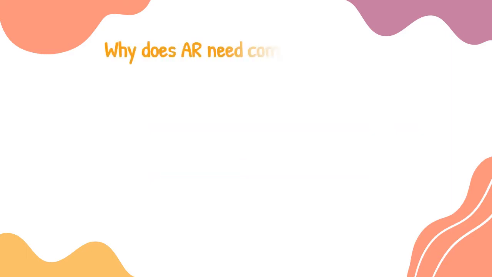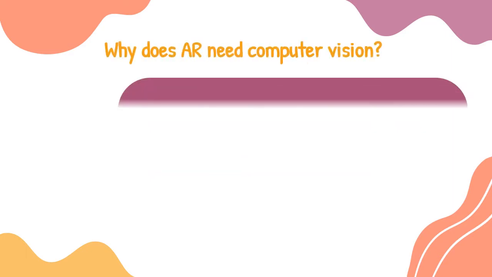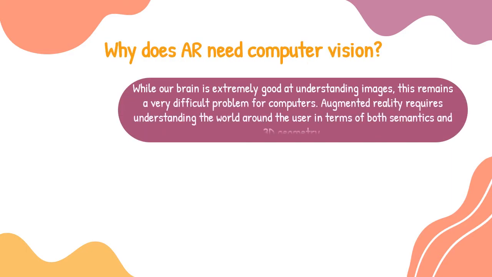Why does AR need computer vision? While our brain is extremely good at understanding images, this remains a very difficult problem for computers. Augmented reality requires understanding the world around the user in terms of both semantics and 3D geometry.